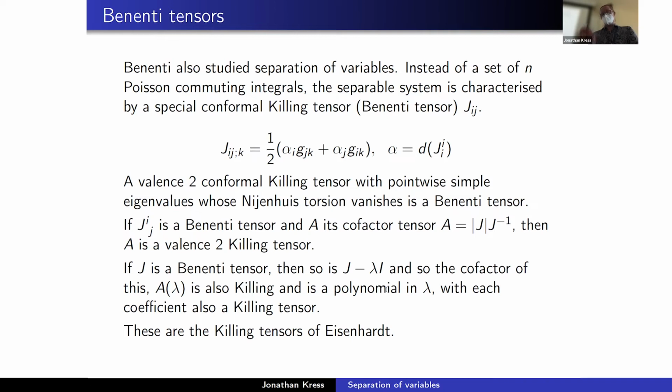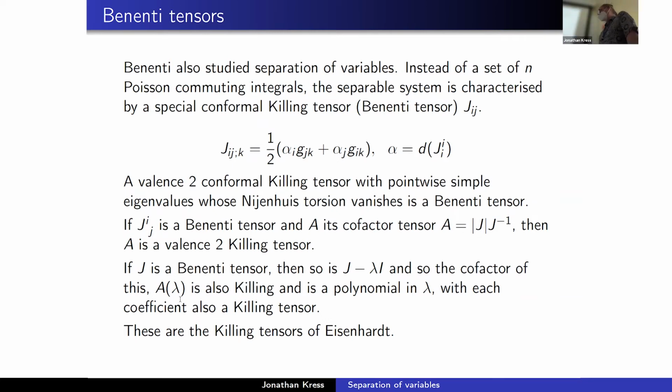This Benenti tensor with the parameter lambda in it has a cofactor matrix, and that is actually polynomial in lambda. And each of the coefficients in that polynomial must also be a Killing tensor. The equation you get here will just split up into the powers of lambda, and you can read off the coefficients.